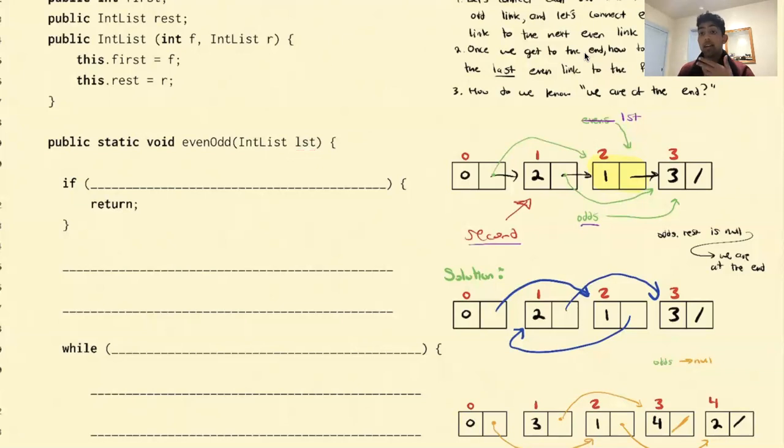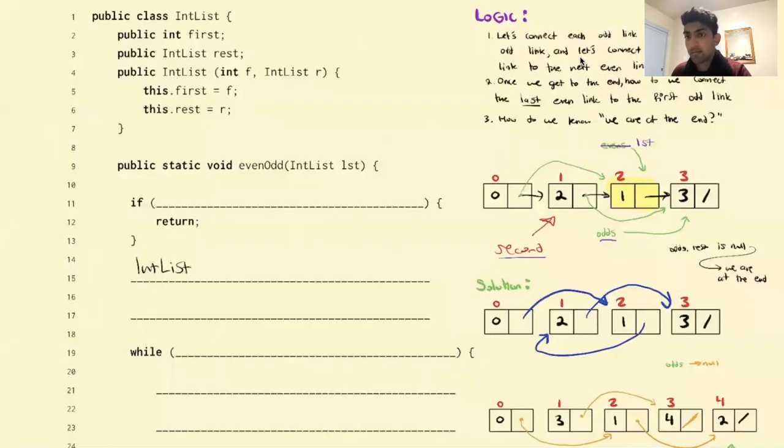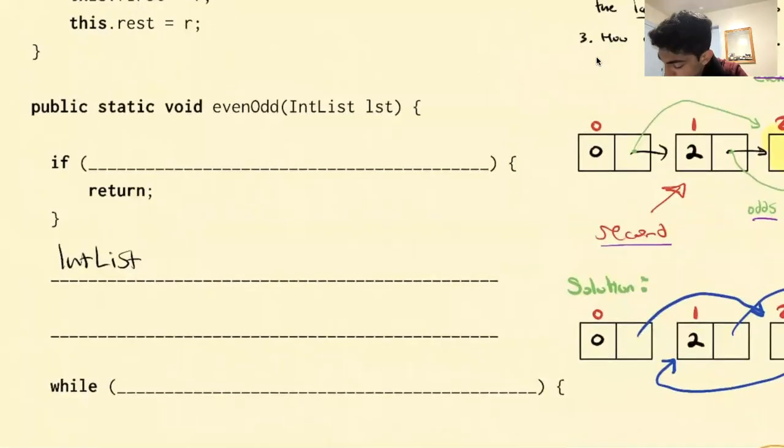I honestly like going through the logic of my code and then going back to see what necessary base case I need. So what we will say here is we will say that int list second is going to be equal to list.rest.